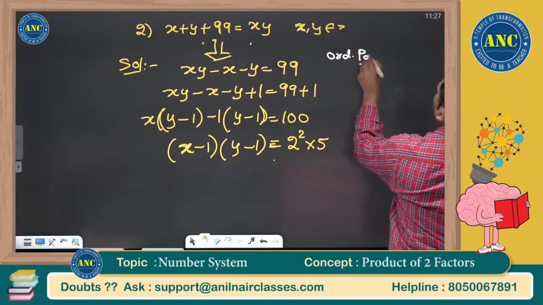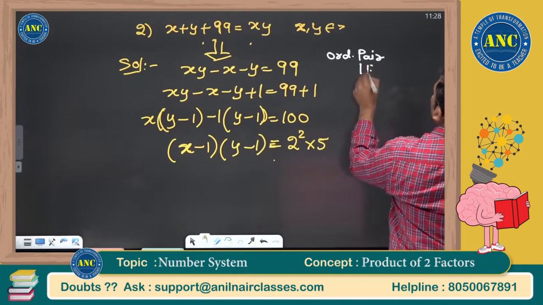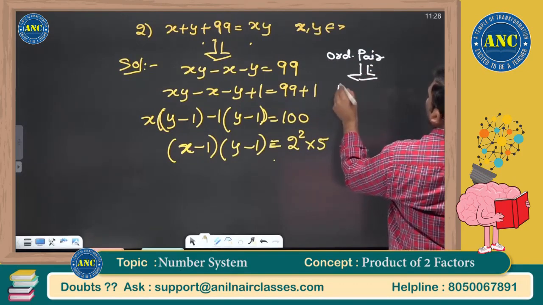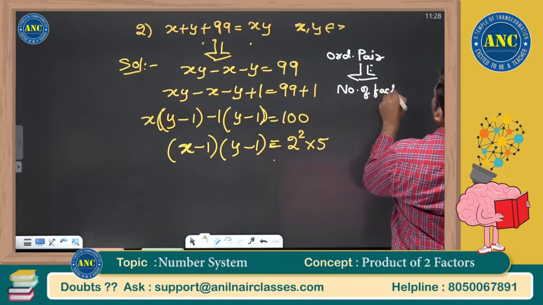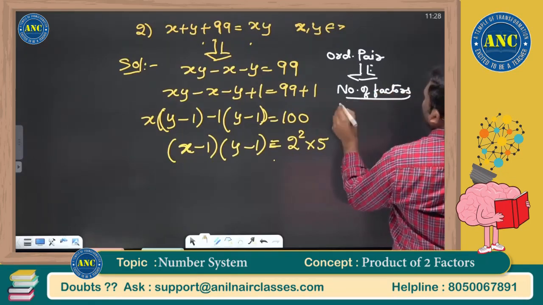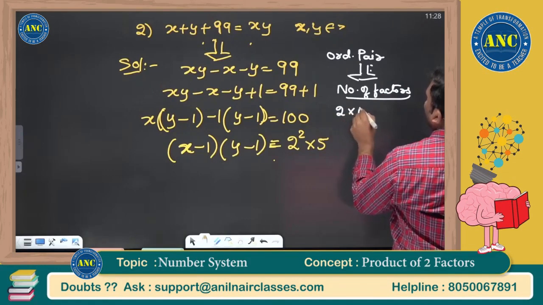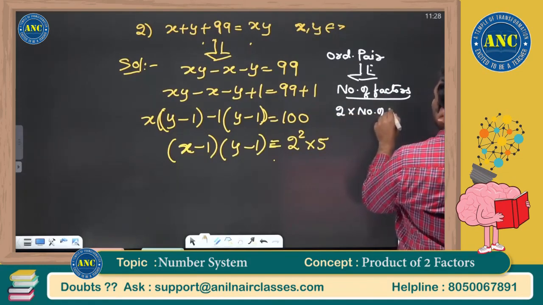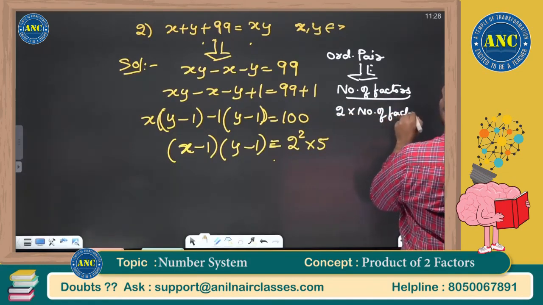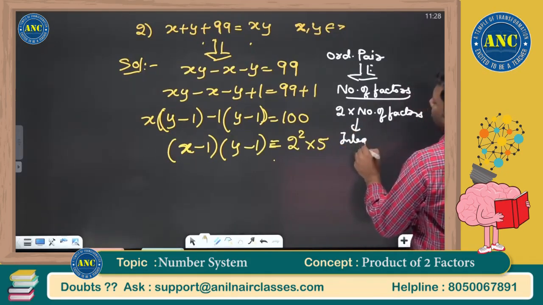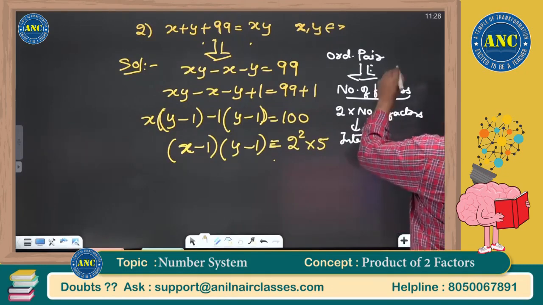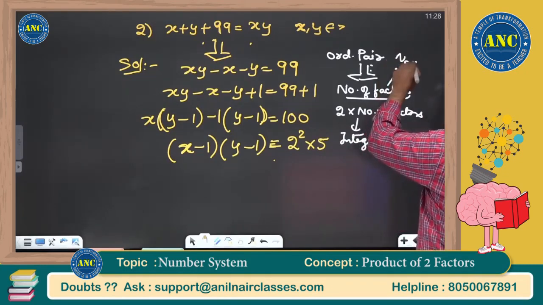Number of ways of writing a number as a product of two factors is nothing but the number of factors if it is natural numbers, or twice the number of factors if the question is of integers. Integers include positive, 0 and negative. These are for the natural numbers.